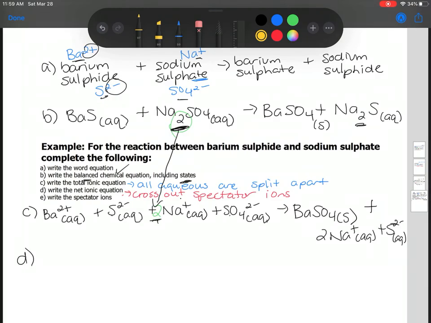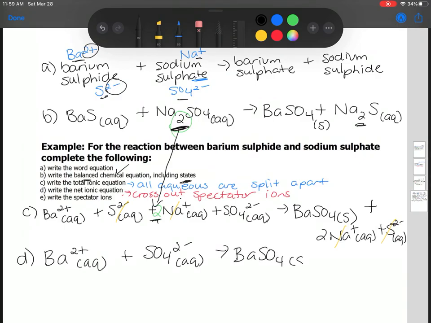You just look at the solid. So barium and sulfate are not going to cross out, but the sodium is aqueous on both sides, as well as the sulfide.